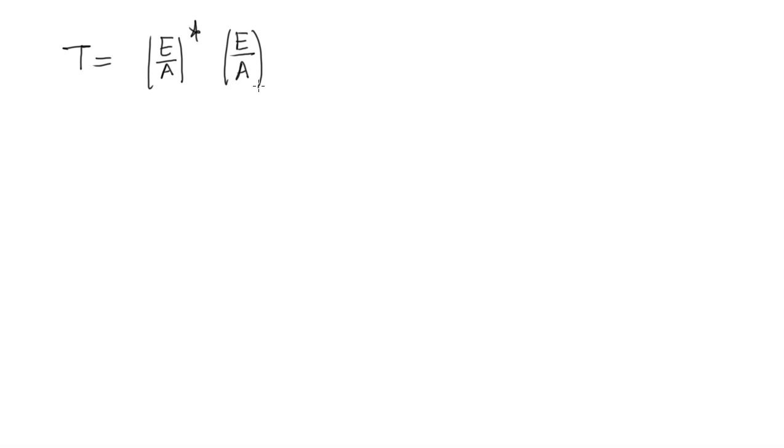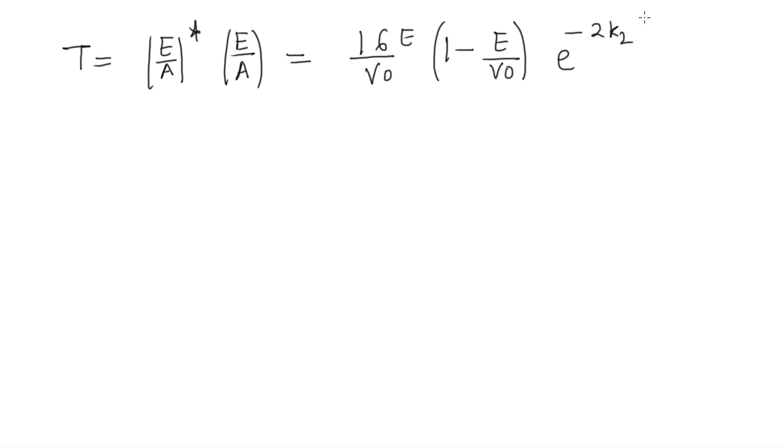It's a mod square, that is complex, so I will take E by A complex conjugate into E by A. That comes out to be 16 upon V naught into E, 1 minus E upon V naught, e to the power minus 2 K2 L.